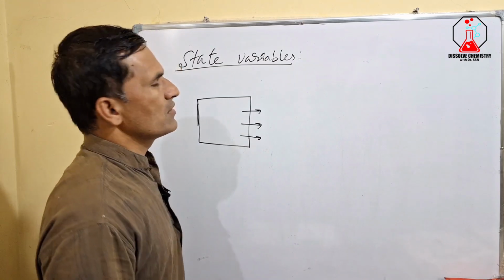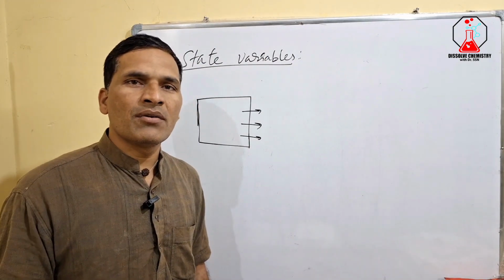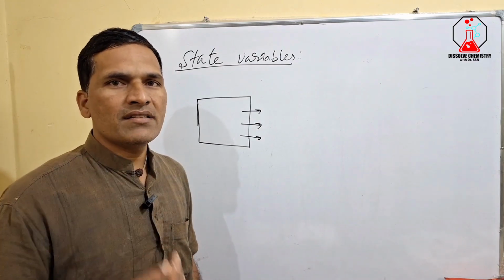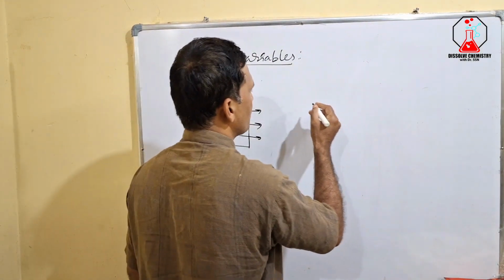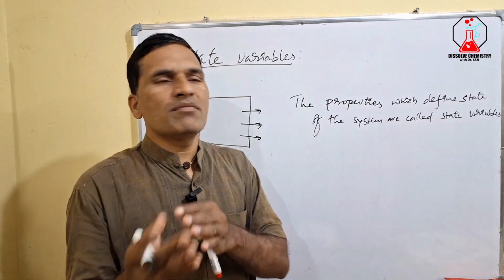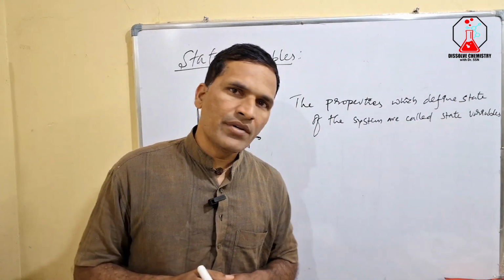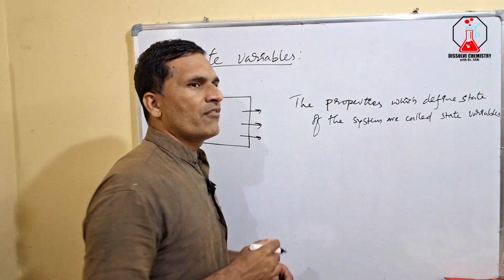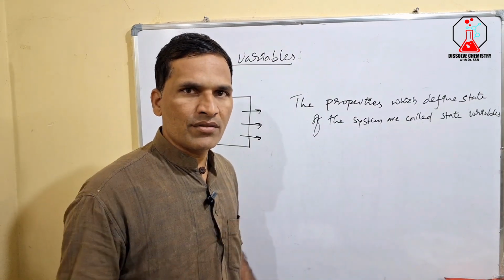Therefore, the properties which tell or define the state of the system are said to be state variables. Or we can define that if I vary these properties, the state of the system is also going to change.